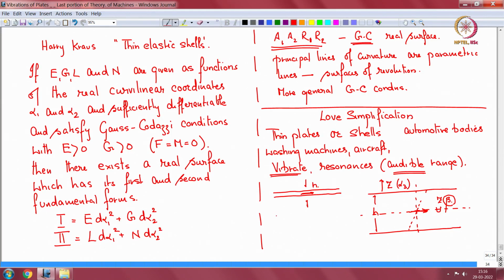So the u, as a function of, let us say, x comma z, or u as a function of alpha 1 and alpha 3, can be represented by big U, small u, which is purely a function of alpha 1, plus alpha 3 times beta, which is also purely a function of alpha 1.